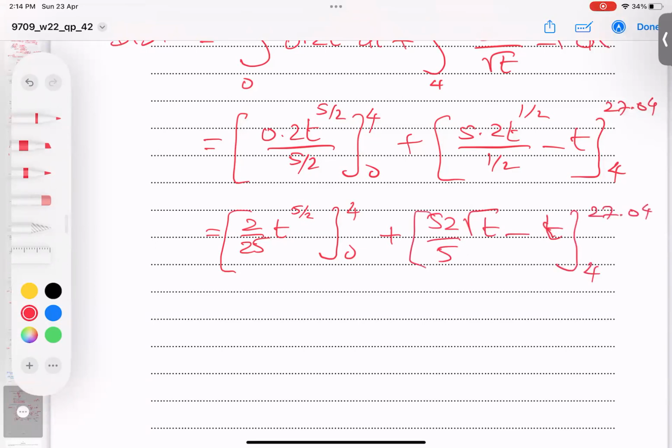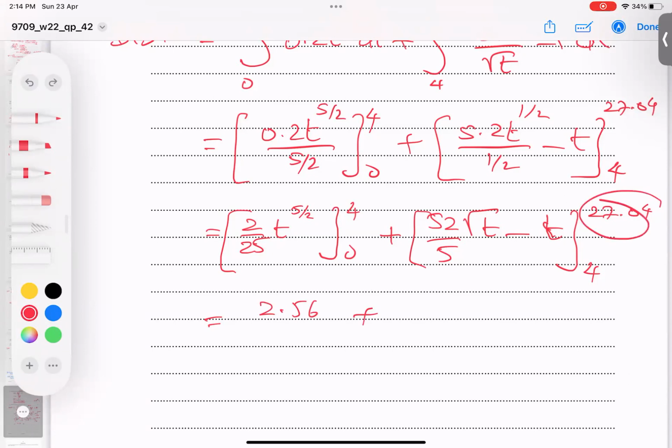Okay, now I'm plugging in the values. When I plug in 2 divided by 25 into 4 to the power 5 by 2, it gives me 2.56. And when I plug in 0, it is 2.56. Correct.